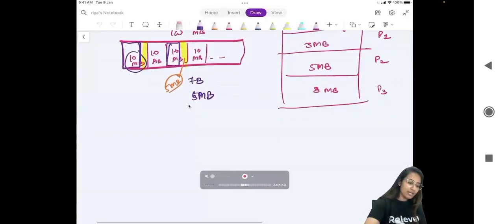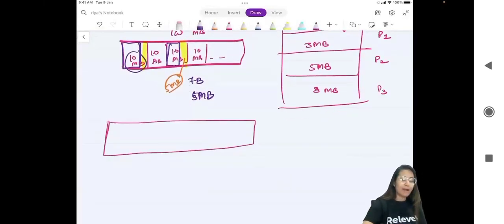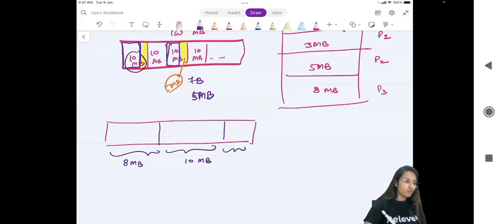So let's say you have this memory and you created 3 partitions of different sizes, because that's what internal fragmentation asked you to do to solve the problem. You created a partition for 8 MB, then a partition for 10 MB, and then a partition for 3 MB. This was for user processes, and here the operating system exists.